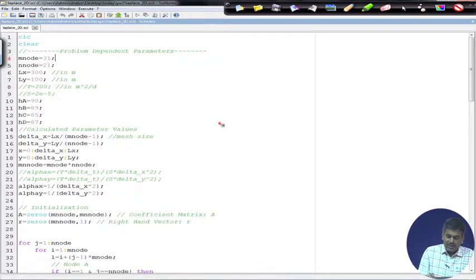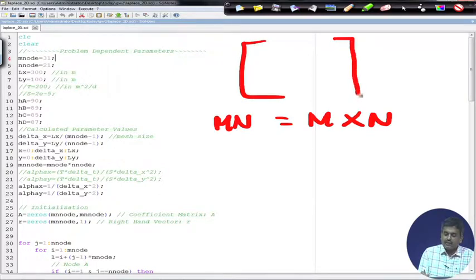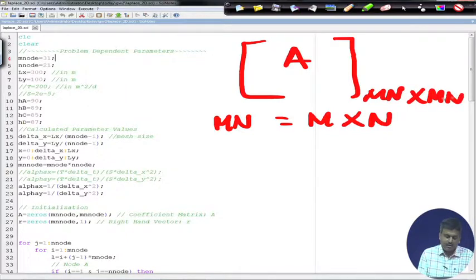Now, I need to know the mn node value, m cross n, because we need to define the full matrix. This is the A matrix, and its size should be mn cross mn. So, mn node means m node into n node, and alpha x is 1 by del x square, alpha y is 1 by del y square.